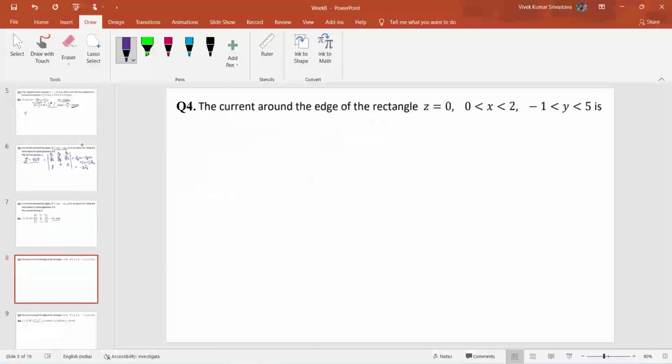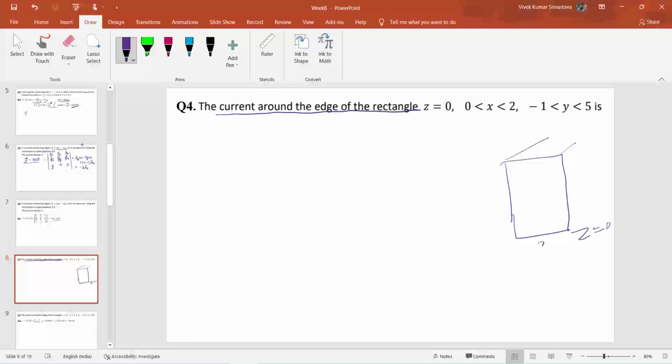Now in the second question, which is related to the previous one, we have to determine the current around the edge of the rectangle. So if suppose this is the rectangle, along z equals to 0, x varies from 0 to 2 and y varies from minus 1 to 5.